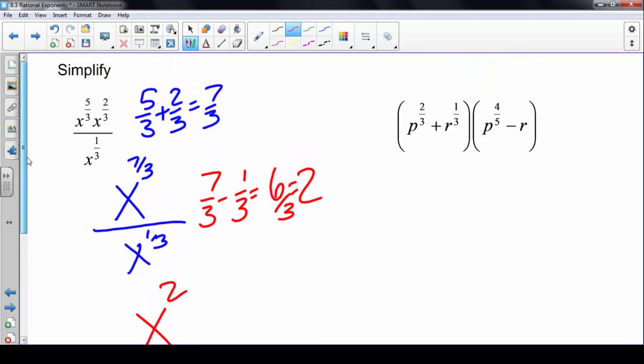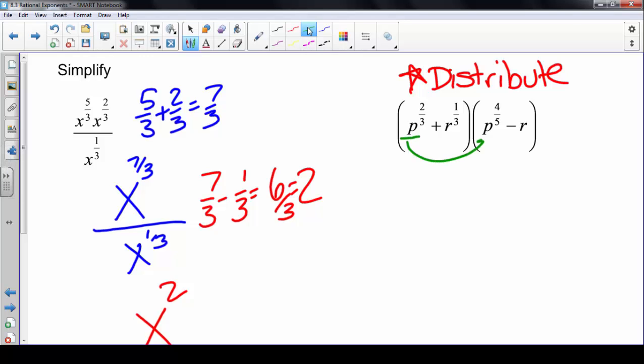Alright, last example. We want to distribute, so don't forget about that from chapter 5. And our exponent rules are going to be the same as what we've been dealing with, but I'm going to try to do this slowly and in multiple steps. So the first one, remember, we want to distribute this to both of these.